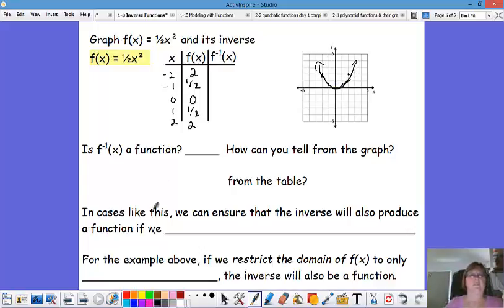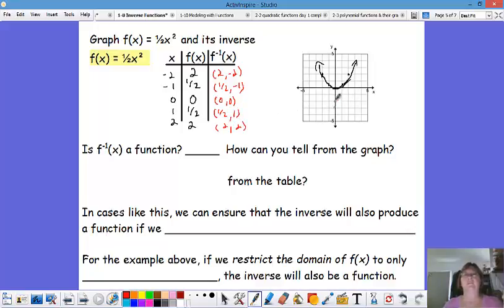Good. To graph the inverse, or to find the inverse, we switch x and y. So the point 2, negative 2 will be on the inverse. 1/2, negative 1 will be on the inverse. 0, 0 should be on the inverse. 1/2 and 1, 2 and 2.